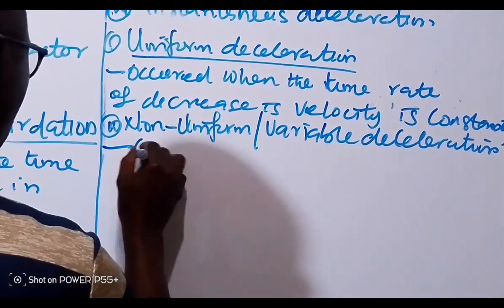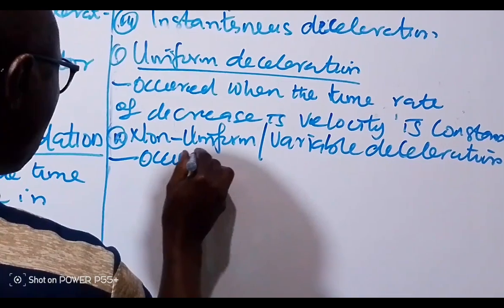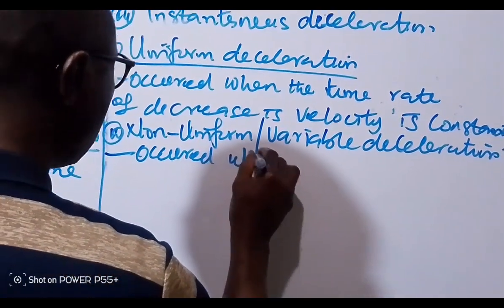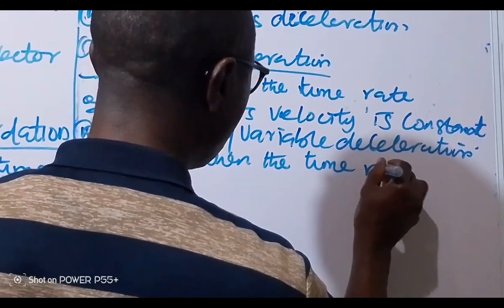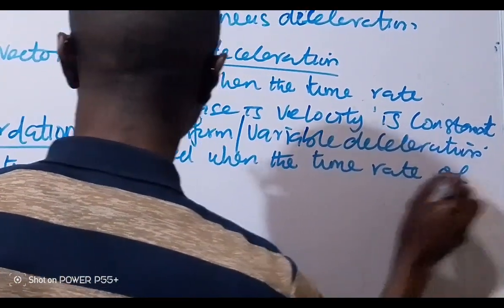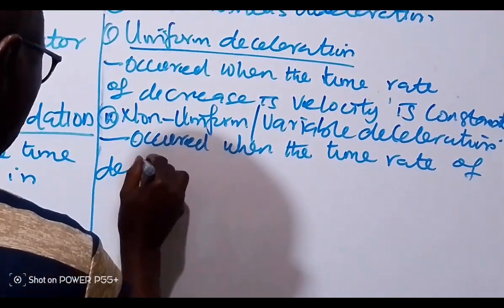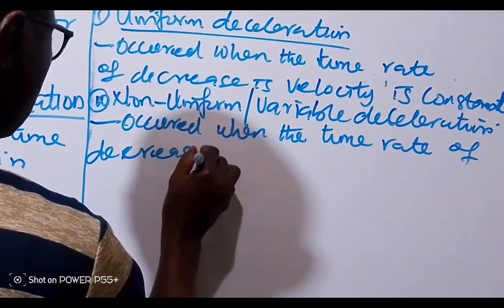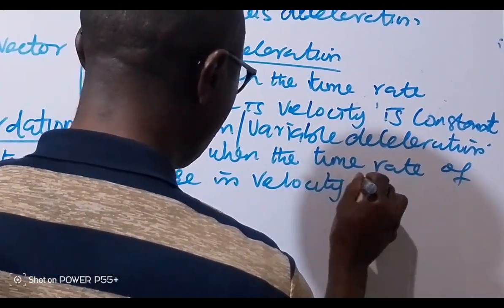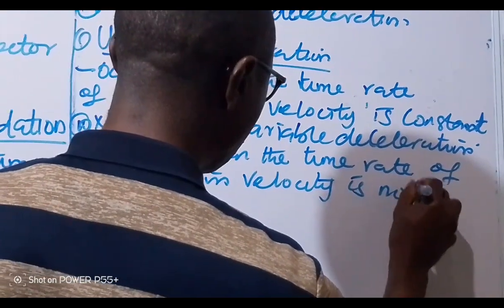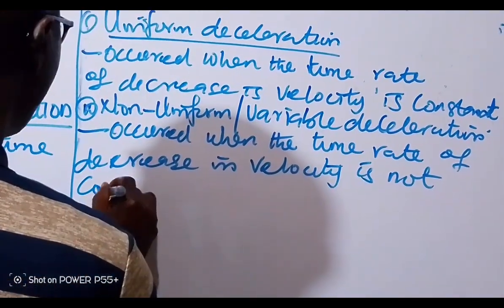This one occurs when the time rate of decrease in velocity is not constant.